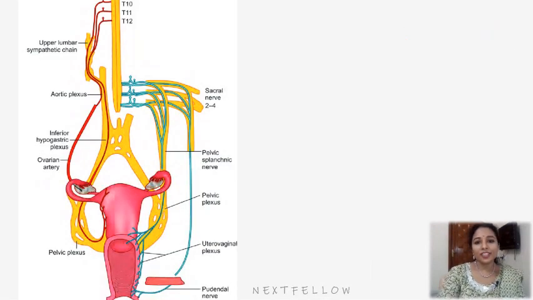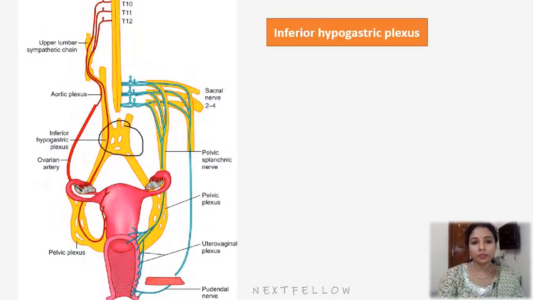Next, regarding the nerve supply of the uterus: the nerve supply of the uterus is predominantly from the inferior hypogastric plexus. So here we can see the inferior hypogastric plexus, which supplies the uterus, and the nerves are carried along the uterine vessels, that is, the uterine and ovarian arteries.